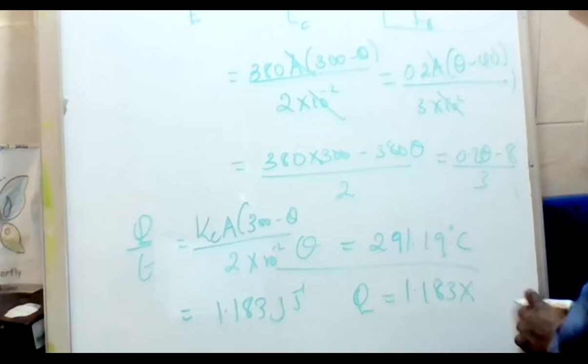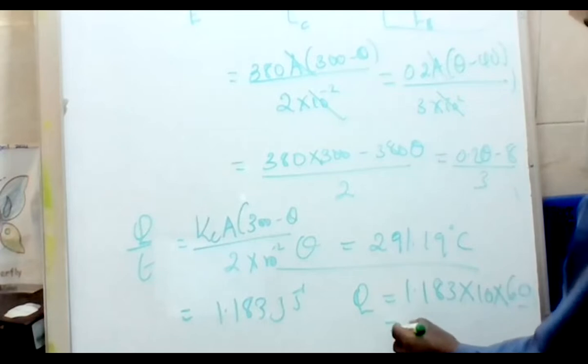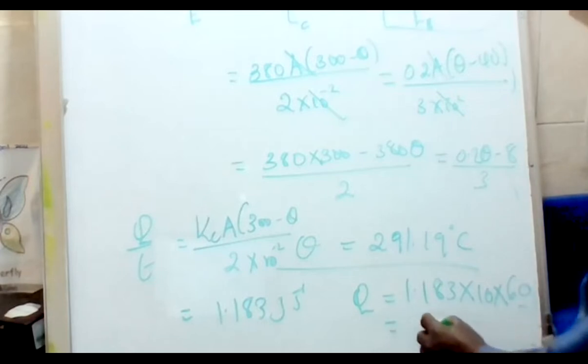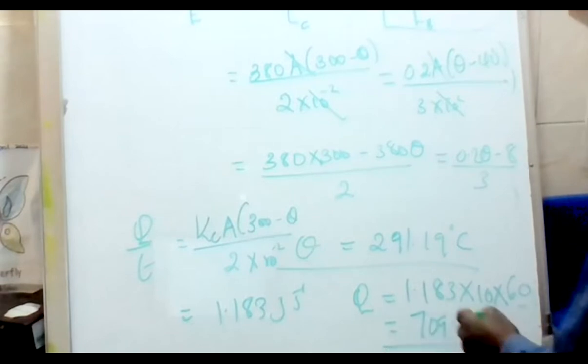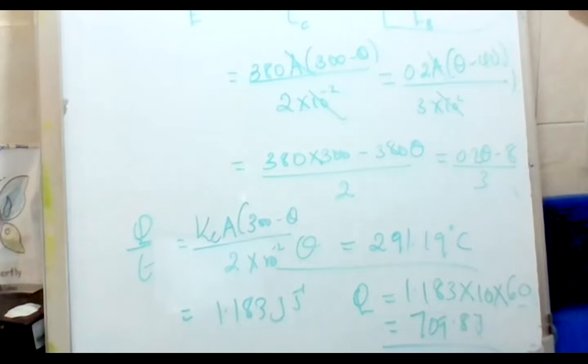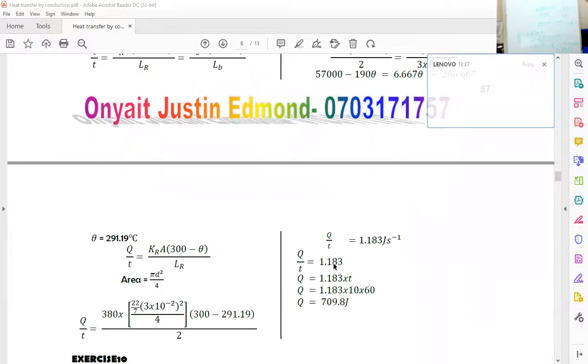So you take it to seconds, 10 times 60. You're going to get a value of around 709.8 joules. That will be the energy.